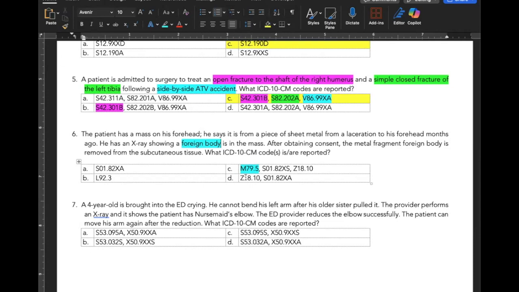So retained foreign body fragments. And then what is that piece of foreign body?